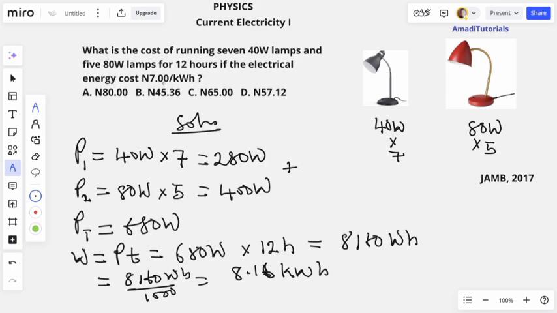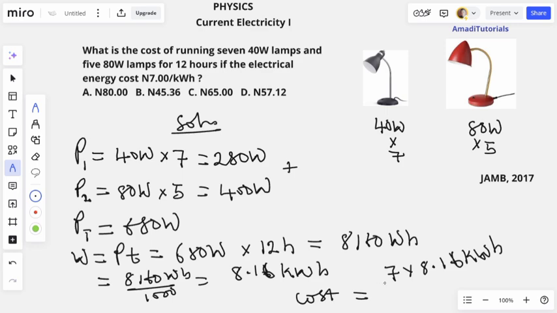That means the cost of this energy consumption will be 7 times 8.16 kilowatt hours, which will give you what?